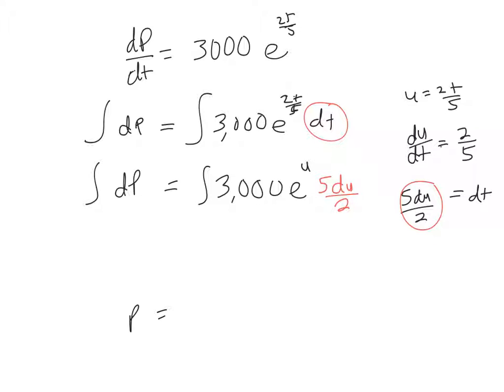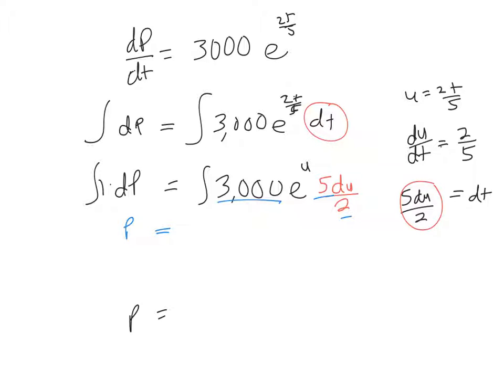Now I'm ready to take the integral of both sides. Remember, that's just a 1 dp. So the left side looks a little weird, but that's just giving me a p for population, or you could have used y, whatever you want there. P equals, and I've got the antiderivative. I can pull out the 3,000 and the 5 and the 2, and then I've just got e to the u du.